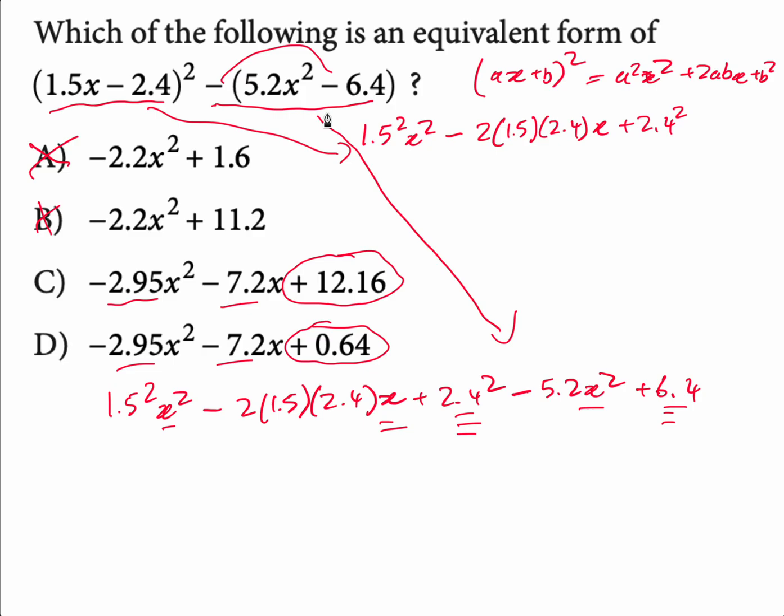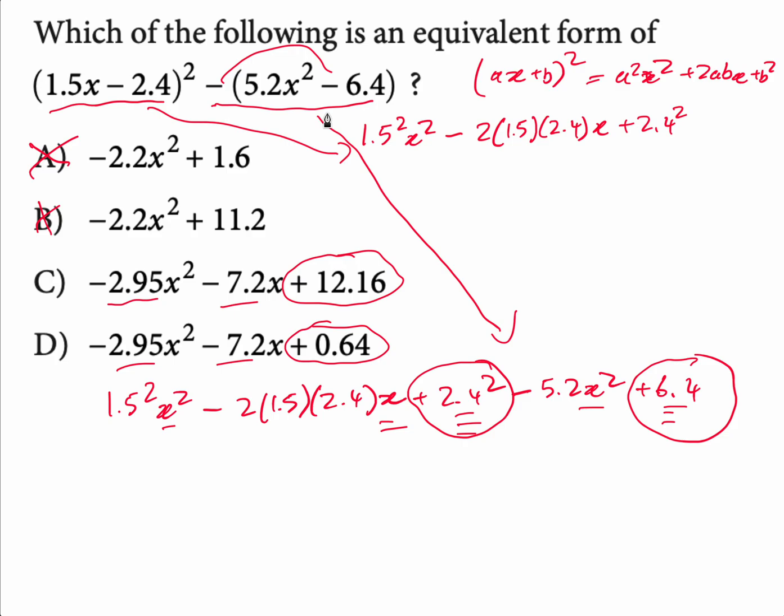So now we just focus on the constant, which is these two components here: a positive 2.4 squared and plus 6.4. Both of these are larger than 1, and if you square them, they're still larger than 1.